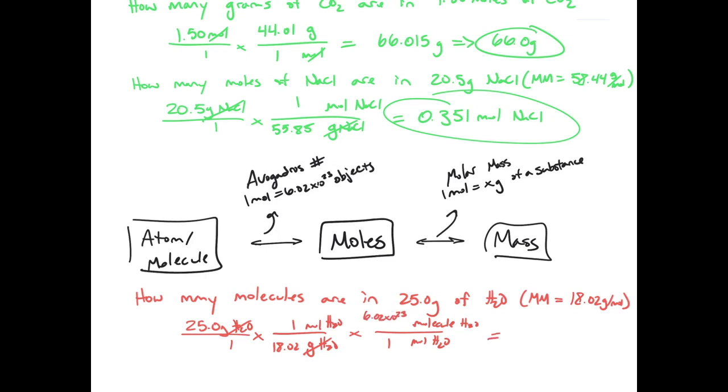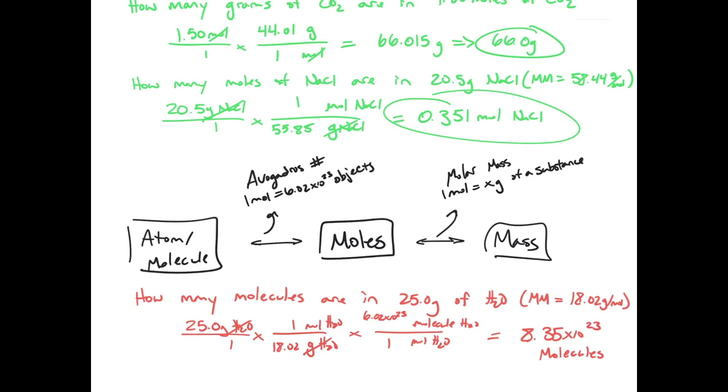And I'm going to put this into my calculator and hit enter. I'm going to take 25 divided by 18.02 and take that answer multiplied by Avogadro's number. And my answer turns out to be 8.35 times 10 to the 23rd molecules.